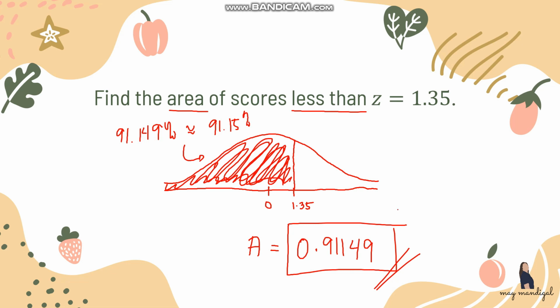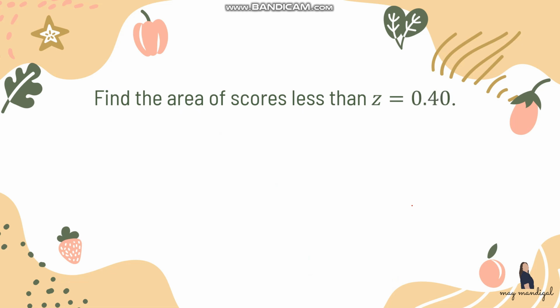Now, you can also use this area for describing the probability of the given boundary. So that means the probability that we will get the scores less than 1.35 is 0.91149. So that also gives us the probability that we will be obtaining the values less than the given z-score.